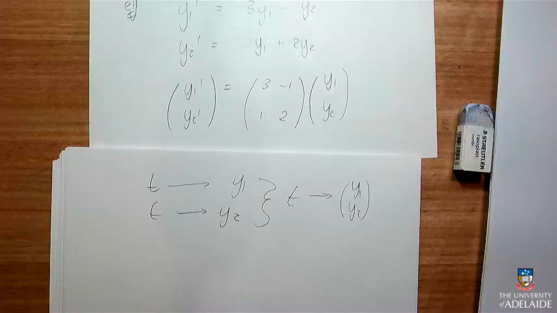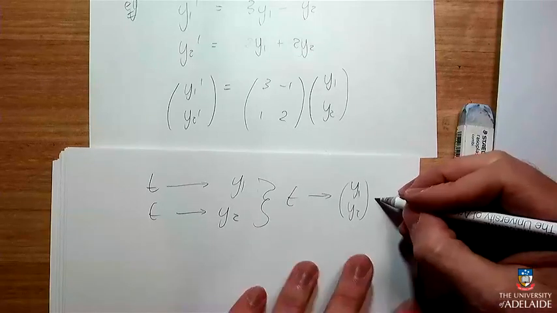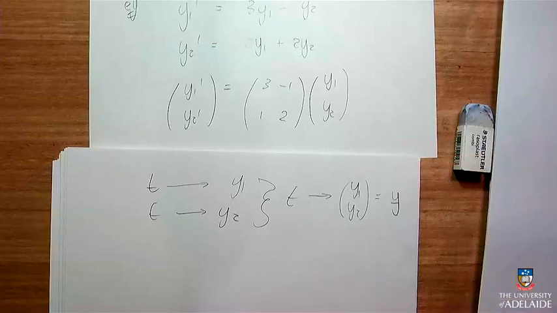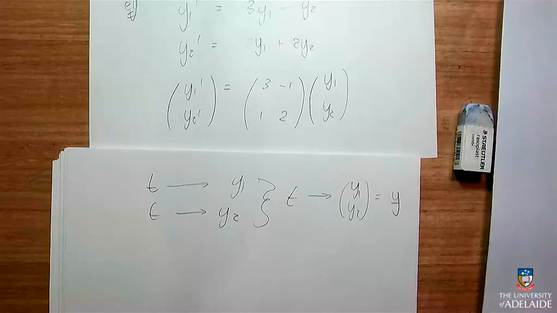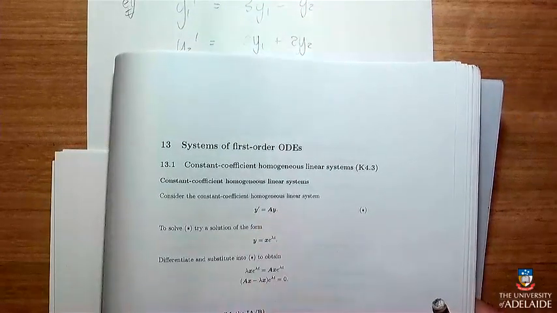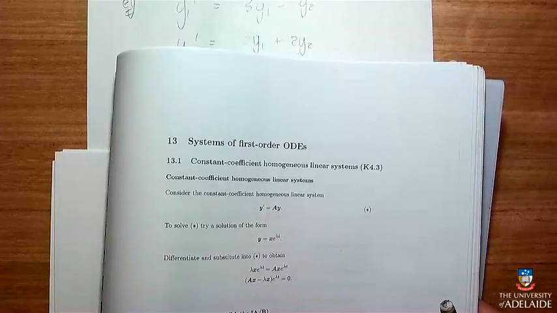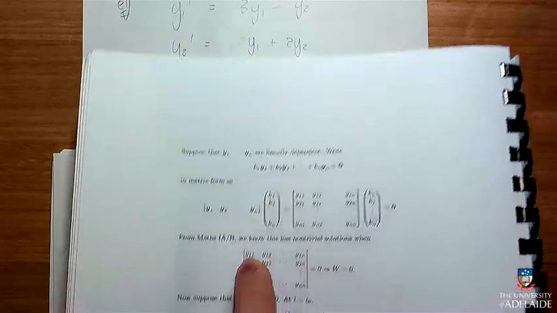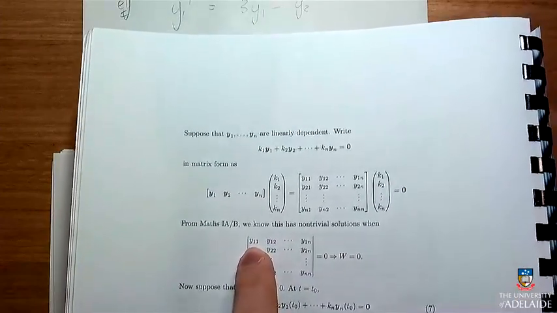And so what people would normally do when they write this is call this bold y. On paper it's a bold y. See how it's written bold there? Whereas these y's are not bold.